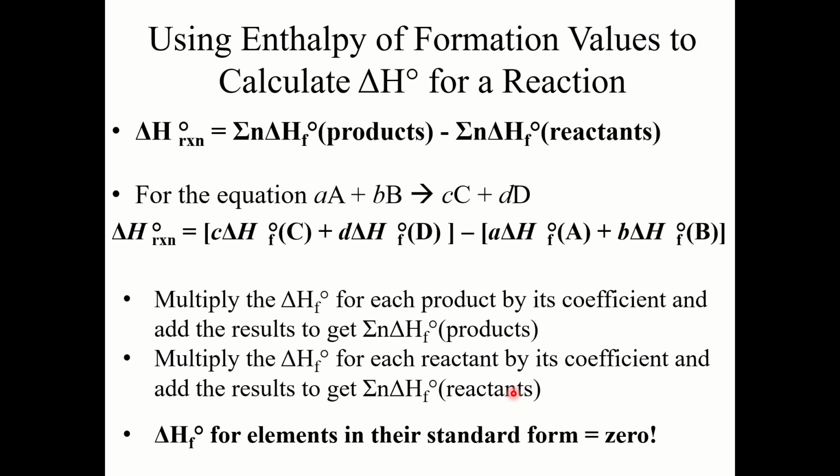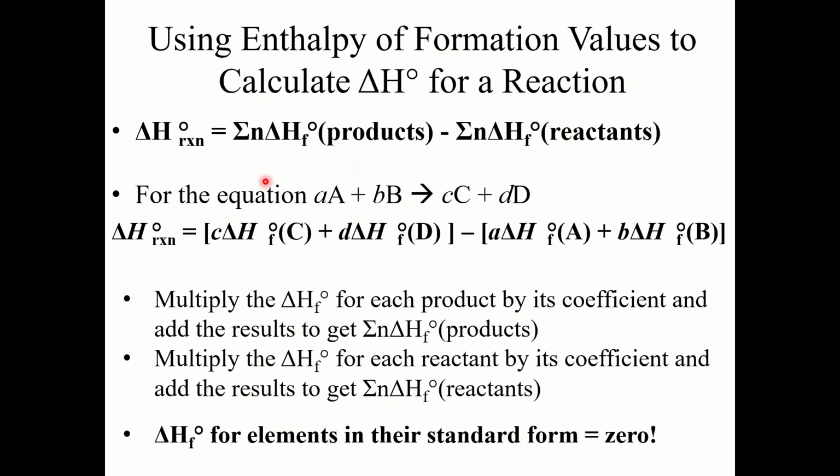So let's look at how we calculate the enthalpy value for any reaction using enthalpy of formation values. The general form of this equation is delta H reaction equals delta H of the products minus delta H of the reactants. So it's the sum of the heats of formation of the products minus the sum of the heats of formation of the reactants. So it's products minus reactants.